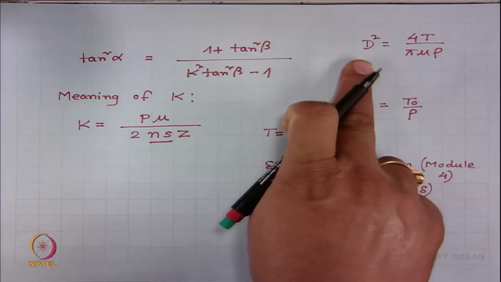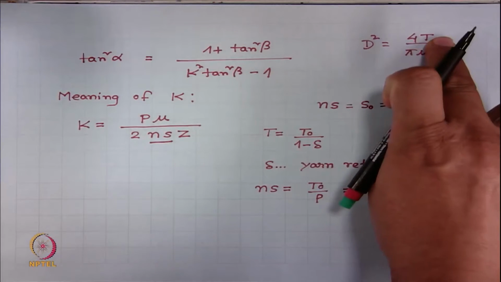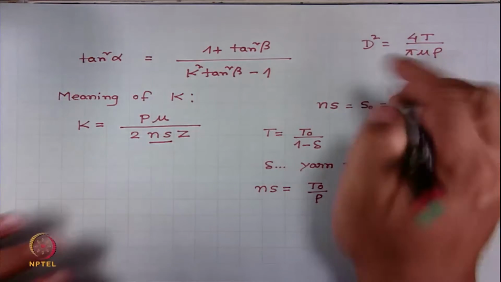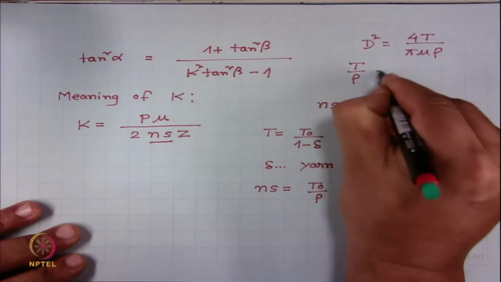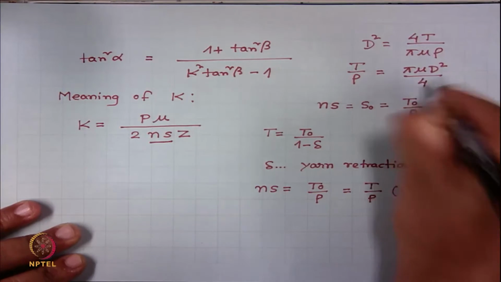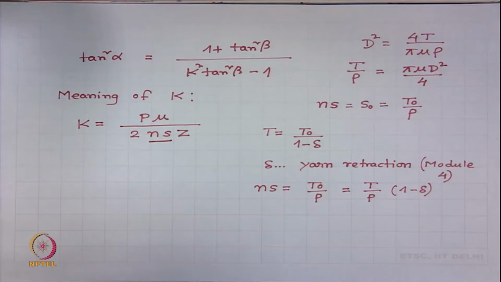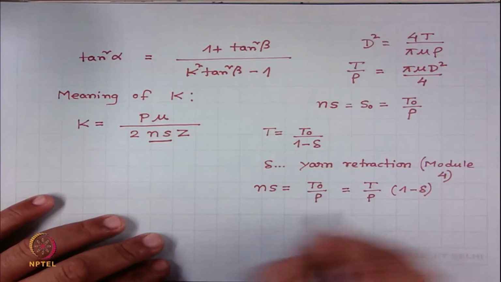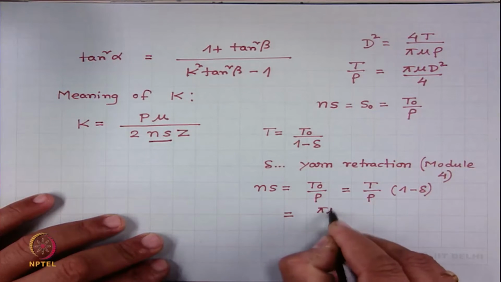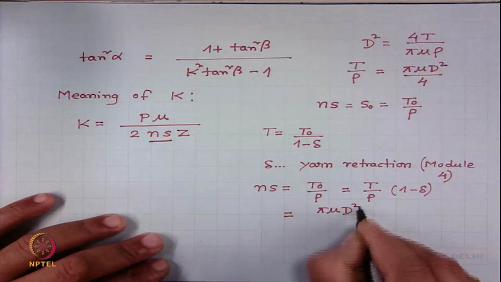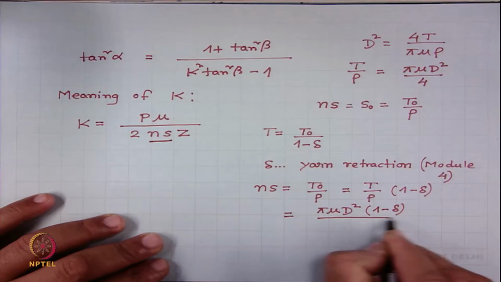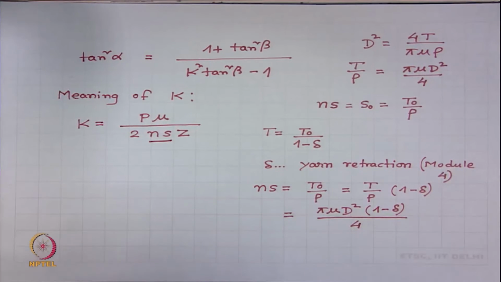Here d is yarn diameter, T is yarn fineness, mu is packing density, rho is fiber density. So, T by rho is pi mu d square by 4. If we substitute here T by rho, then what we will obtain? Pi mu d square, 1 minus retraction, by 4, that is your Ns.